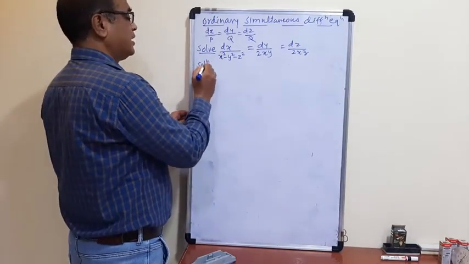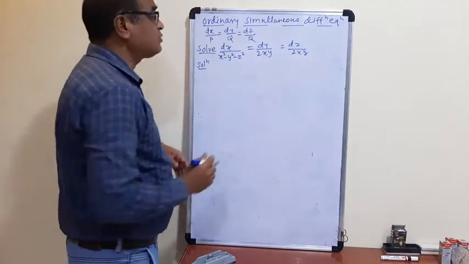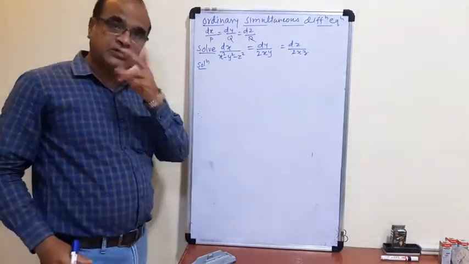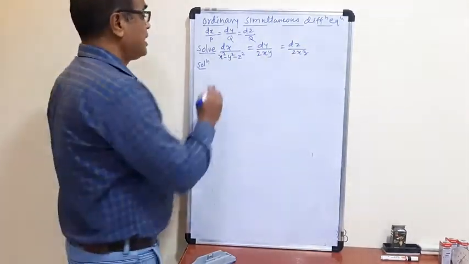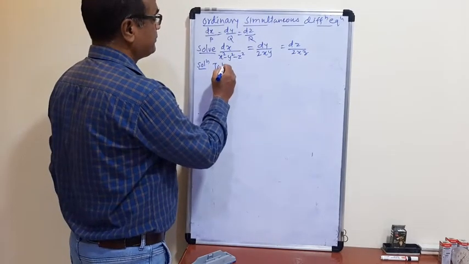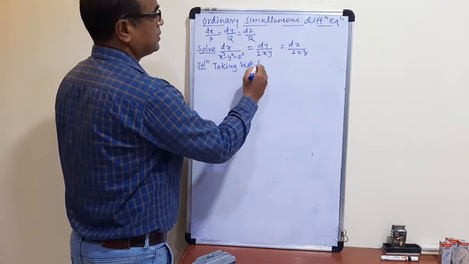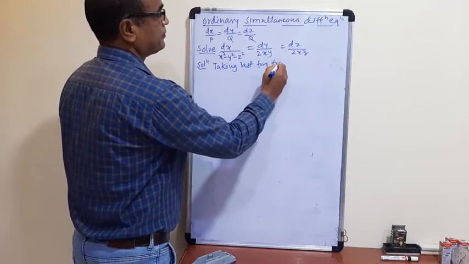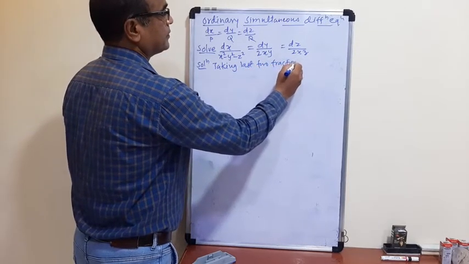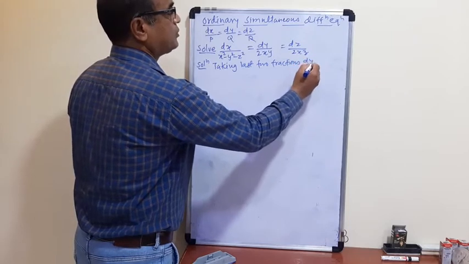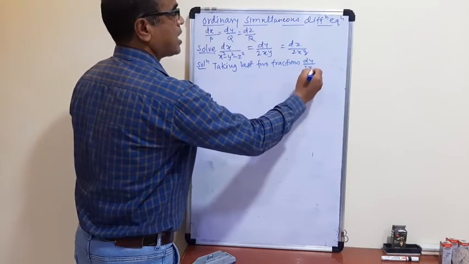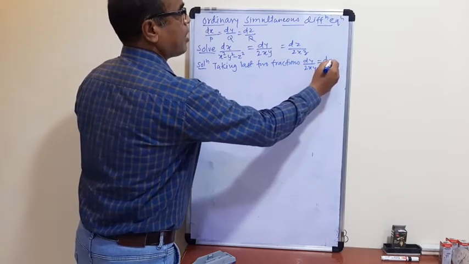Taking the last two fractions, it is better to take the last two fractions first. So that is dy upon 2xy is equal to dz upon 2xz.